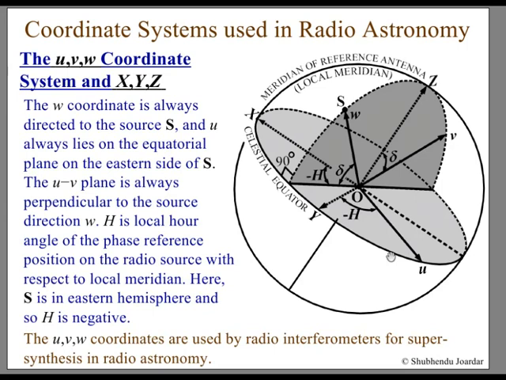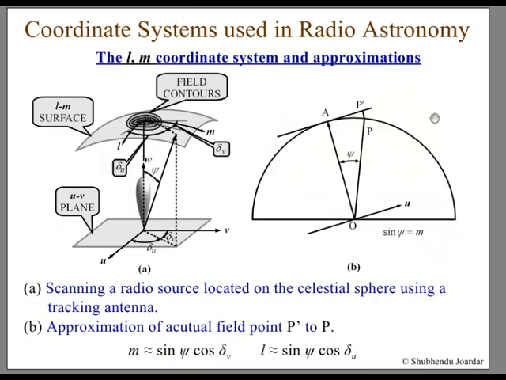Now this is a slight extension of that one, the UVW coordinates which I have spoken about. You have this one in the previous direction. The W coordinate will always point to the source, and UV is the plane in which the aperture of the collective antenna or the giant antenna lies.